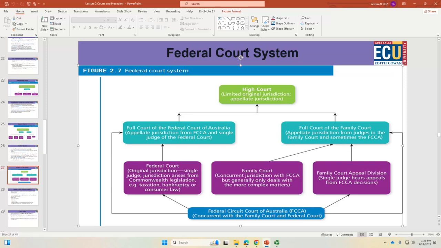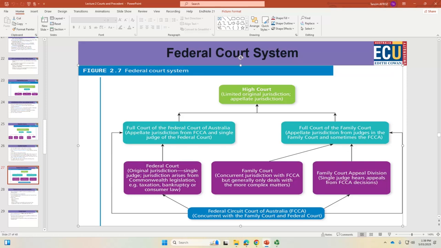This image will still help us to understand, because from 2021, the Federal Circuit Court and the Family Court have been merged together. But it has 2 divisions, Division 1 and Division 2, and that's how they divide their work.